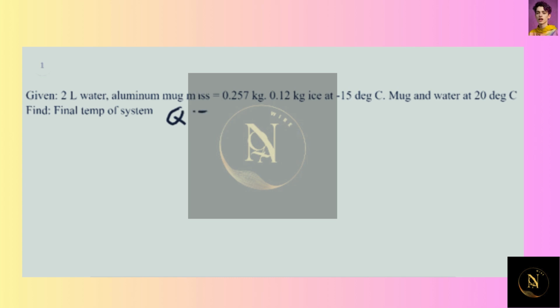So our two Q's are Q equals MC delta T, and then if we have a phase change, Q equals ML, F, or V. And we're told in the problem that we have no heat loss, so we're going to end up setting the 3 Q's of the system equal to 0. So we can go ahead and start solving for Q's.